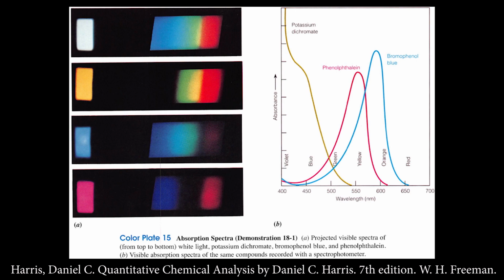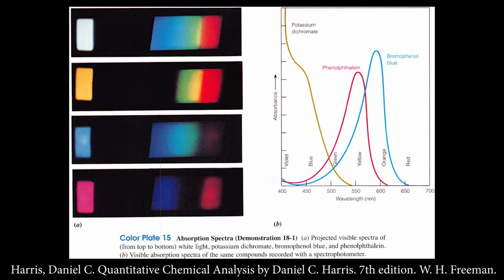And then if we look at the absorbance spectrum on the left, bromophenol blue is shown in blue, but in actuality, the peak is kind of in the orange region, and the yellow and orange is being very strongly absorbed, and a little bit of the red, but we definitely have that violet and blue completely left intact. So what you tend to see is the complement of whatever is actually being absorbed by that molecule.